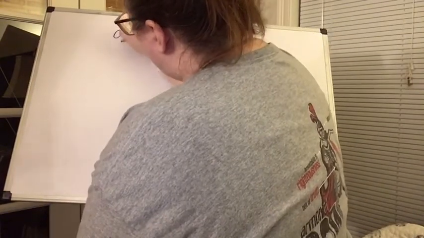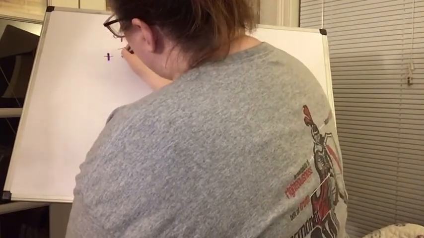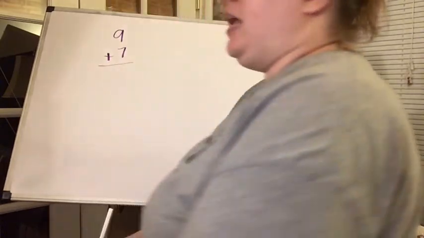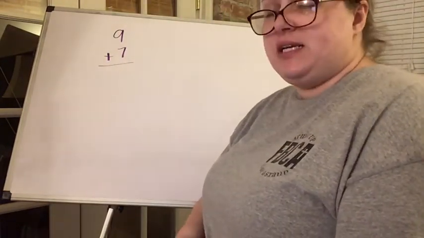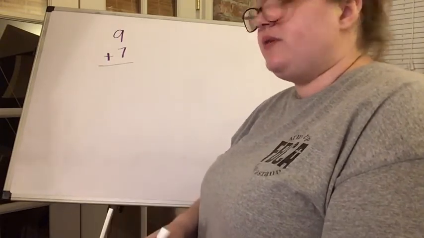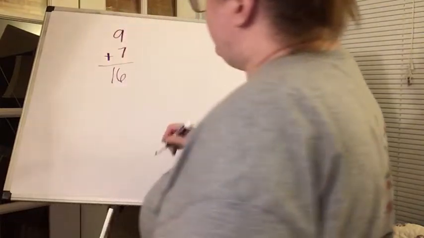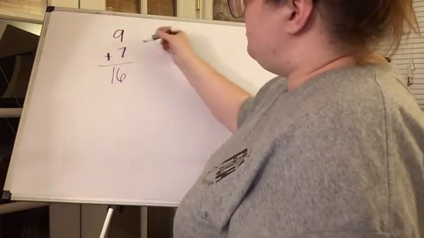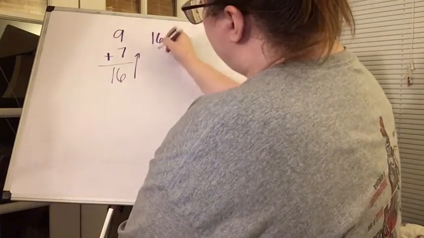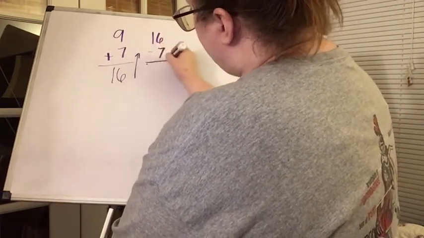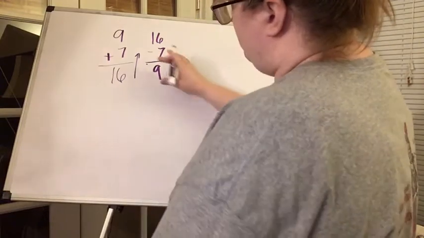Let's do 9 plus 7. Well, I don't remember that too well. So I know 9 plus 9 is 18, but 2 less, that would be 16. So to check our answer, the opposite of addition is subtraction. So we would subtract it up. 16 minus 7 equals 9. Okay?